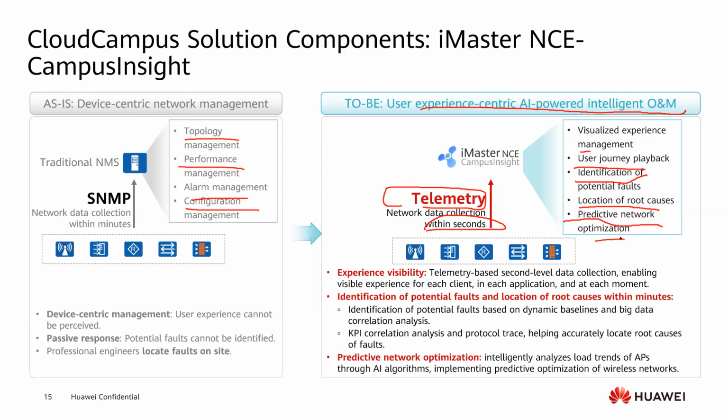For example, let me think about an example. When a user wants to access the network, first it will go through the authentication process.